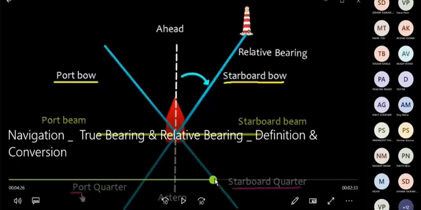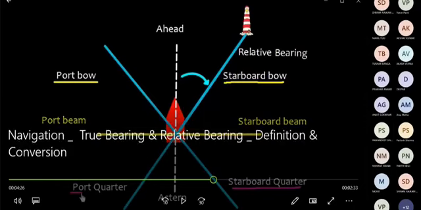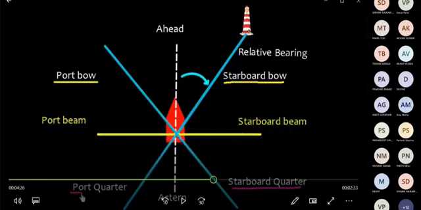So beta, this is also clear. You see the directions: starboard bow, starboard beam, port beam, starboard quarter, port quarter.